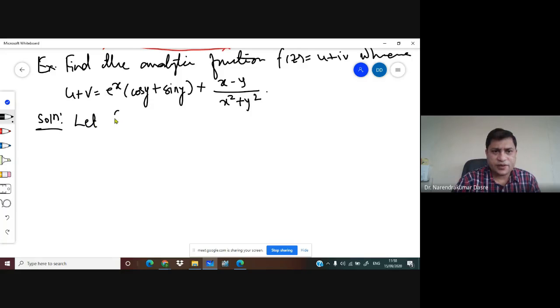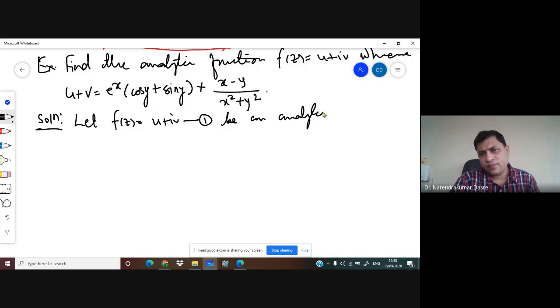And hence we write, let f of z is equal to u plus iv, equation 1, an analytic function. Okay, so this is an analytic function. Then what is the next step?